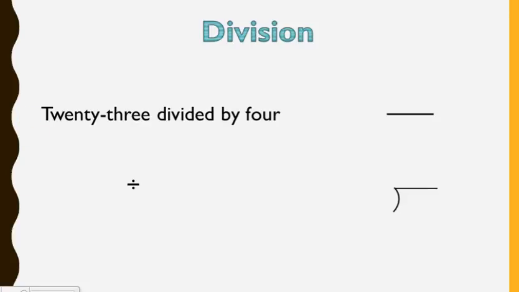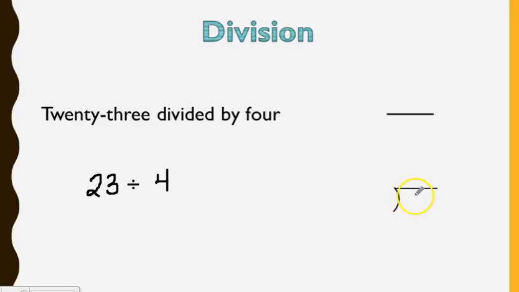Okay, did you try it? All right, so let's see. 23 divided by 4. I'm going to start right here. 23 divided by 4. Okay, does yours look like that?